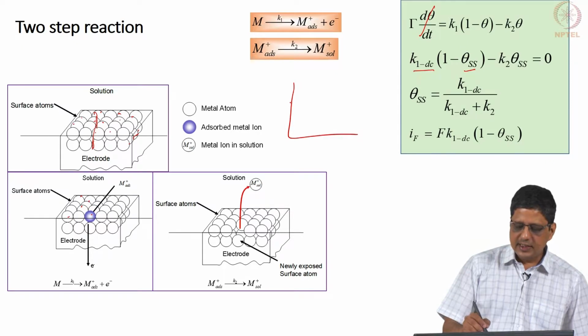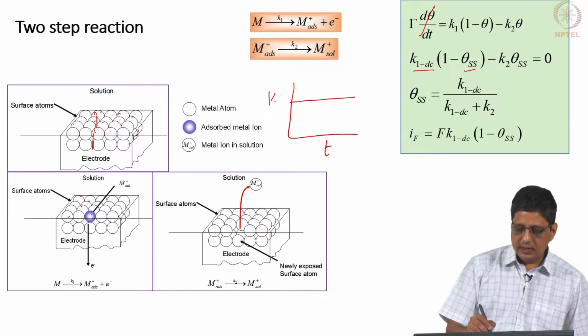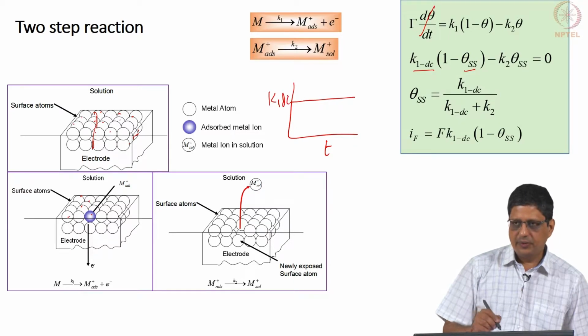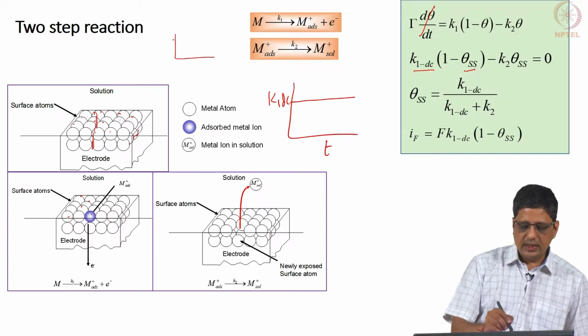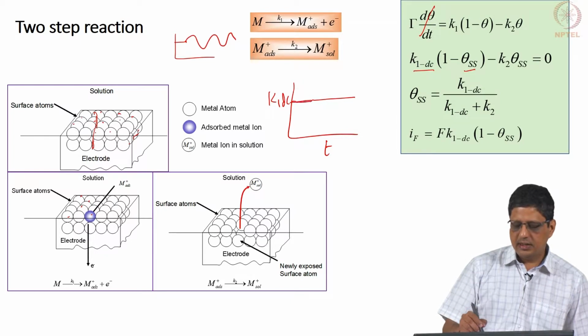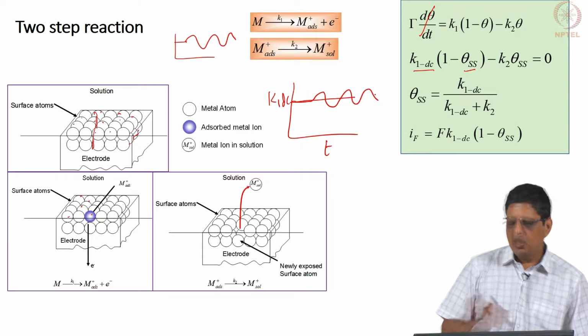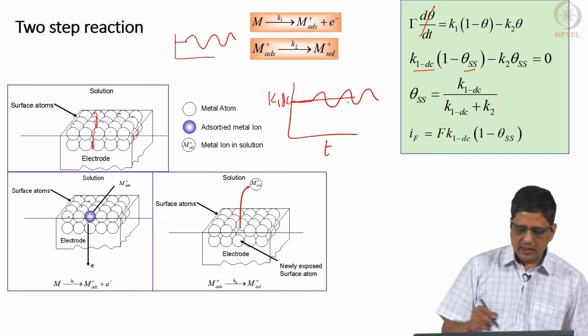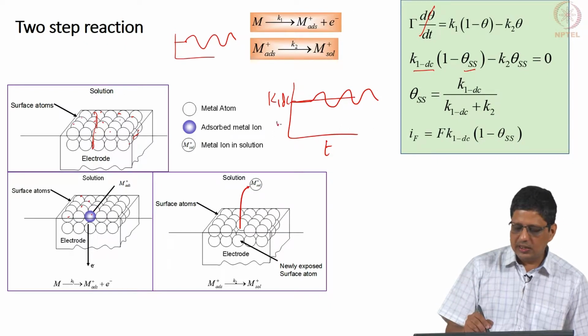So, if I say this is the rate constant value at a DC potential, this is the K1 DC. So, potential is DC up to some time, and then if you apply an AC, the rate constant will also move up and down. Along with the movement of the rate constant, the fractional surface coverage will also move up and down, that is theta will also move.